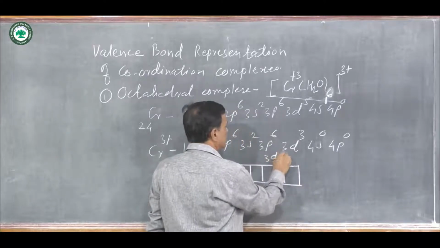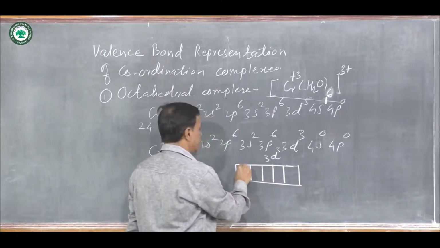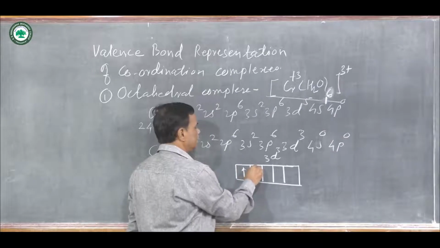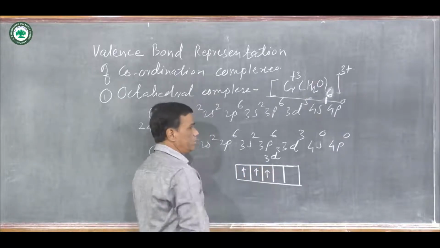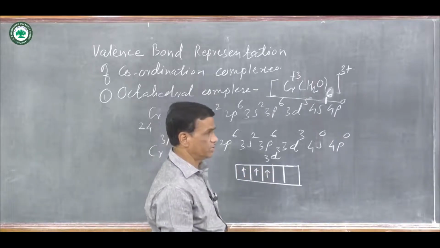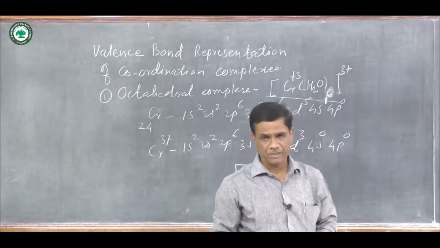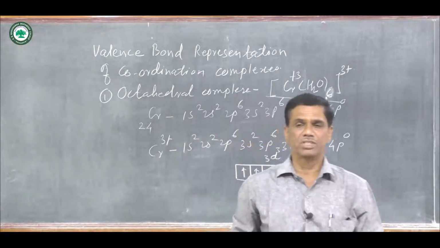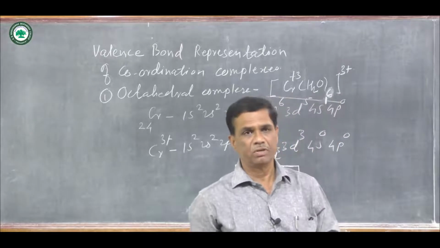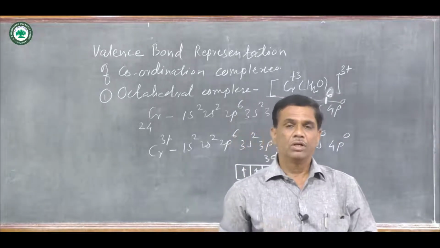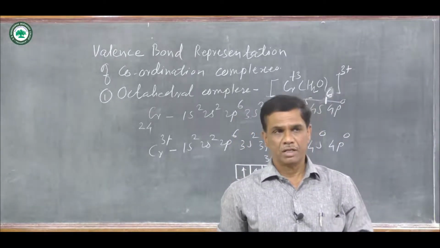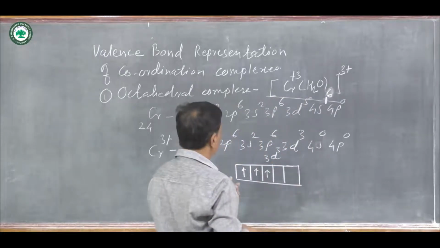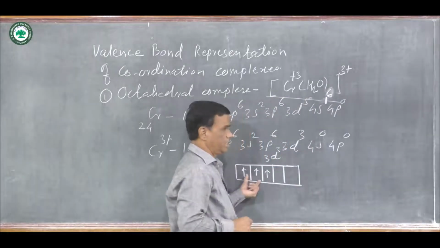In 3d, there are 3 electrons, and the filling of the 3d orbitals follows Hund's rule of maximum multiplicity, meaning pairing will not start until there is single filling of electrons when orbitals are degenerate, and all these 5 d orbitals are degenerate.